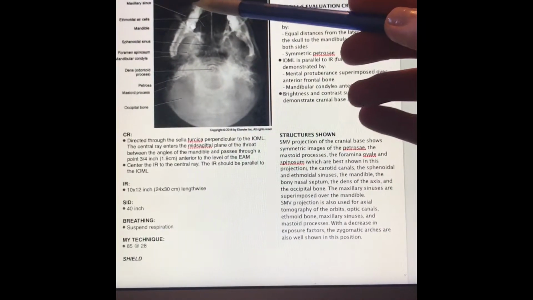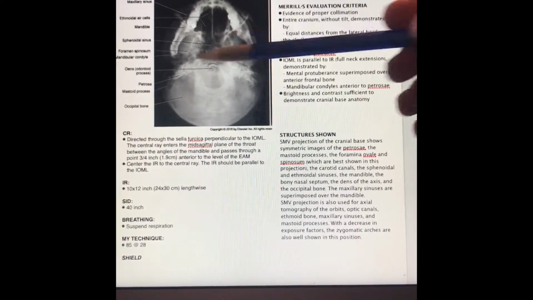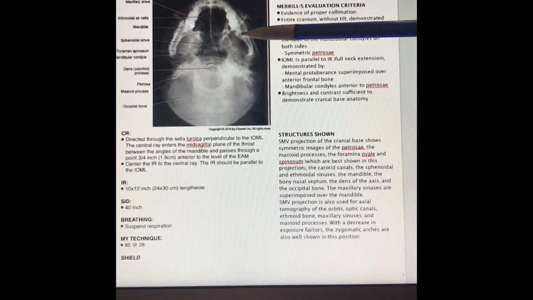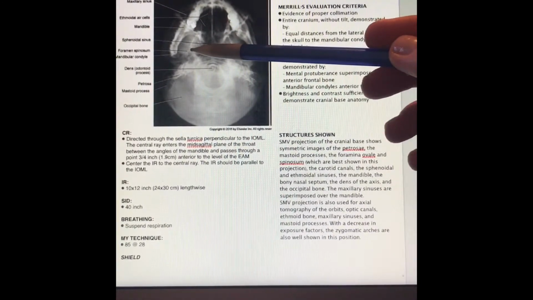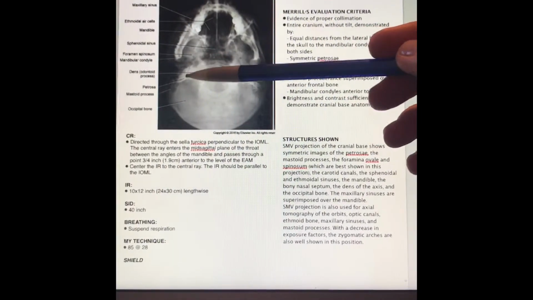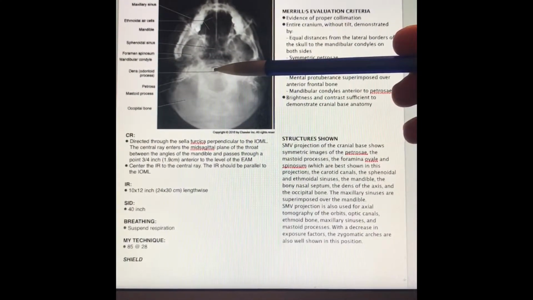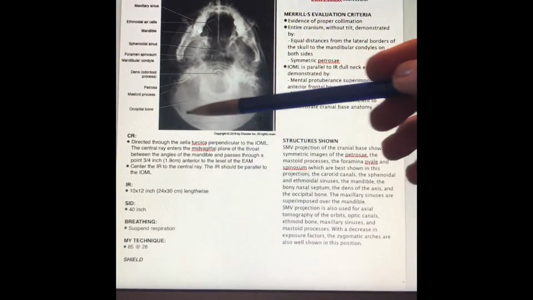So we can see maxillary sinus, ethmoidal cells, mandible, sphenoid sinus, foramen spinosum, mandibular condyle, dens, odontoid process, petrosae, mastoid process, and occipital bone.